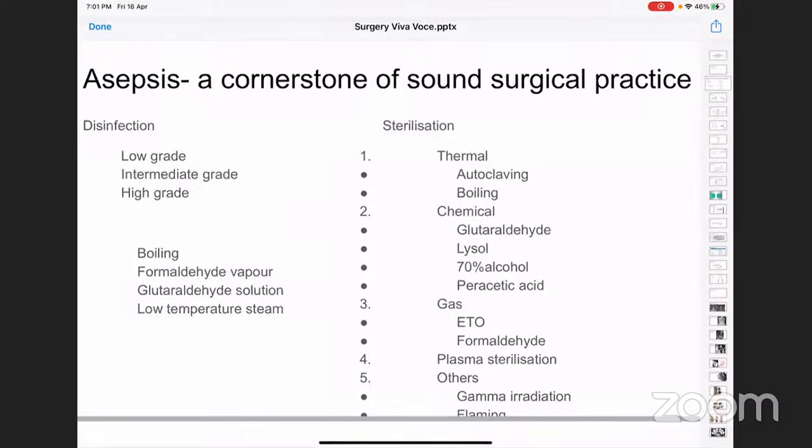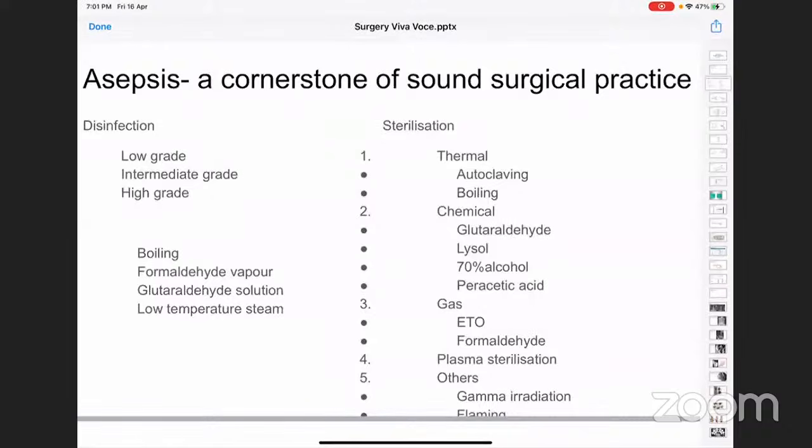The pressure that is used is around 1 atmosphere, that is 15 pounds per square inch. And the contact time is about 15 to 30 minutes. If you are sterilizing some rubber objects or latex objects, you can have a shorter contact time of 15 minutes. Otherwise, you will need a longer contact time of about 30 minutes for most metallic instruments.